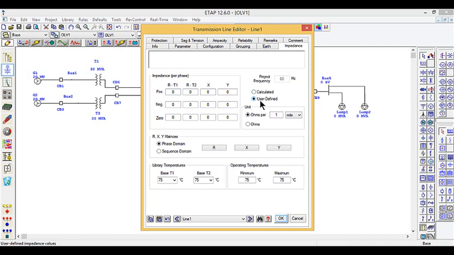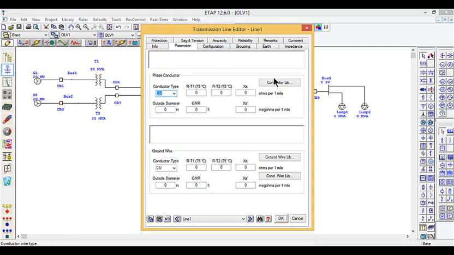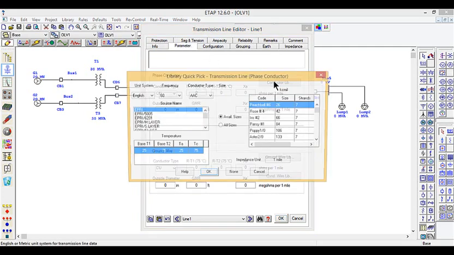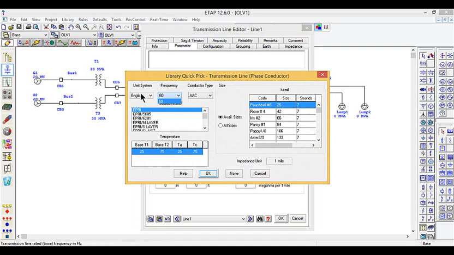But if we do not have these values, then we need to calculate the values using ETAP parameter settings. Then we go on to the conductor library and we select metric system at the moment. So this is giving you the conductor types, whether you need to select ACSR aluminum conductor, galvanized ACSR and so on.